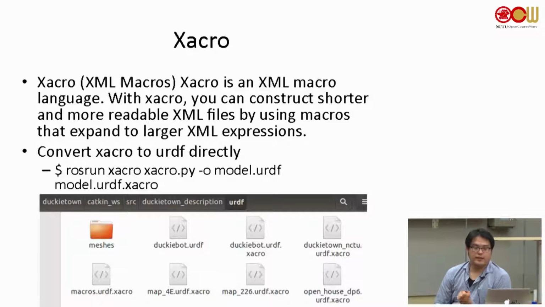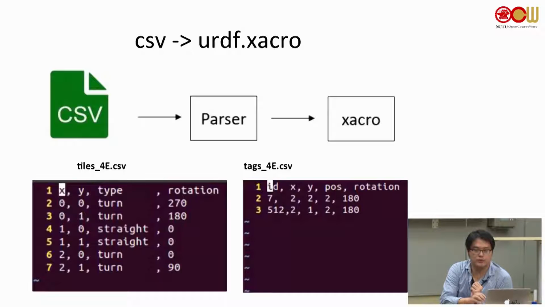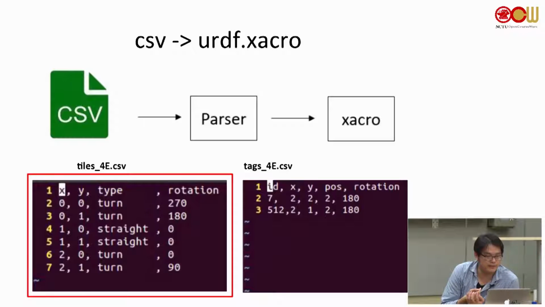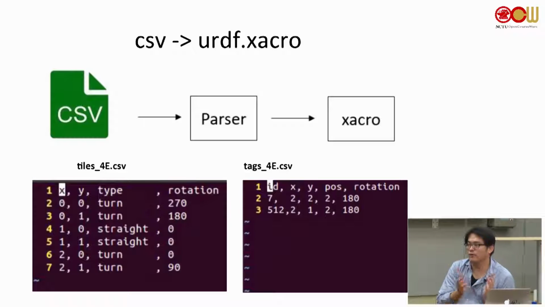But because XACRO itself is a little bit complicated, the Duckietown people try to simplify this process by just creating a CSV, a comma separated value file. For example, if you look into the Duckietown Description, tiles 4e.csv, you can see a few definitions over here. They are essentially the definition for building a map for you.